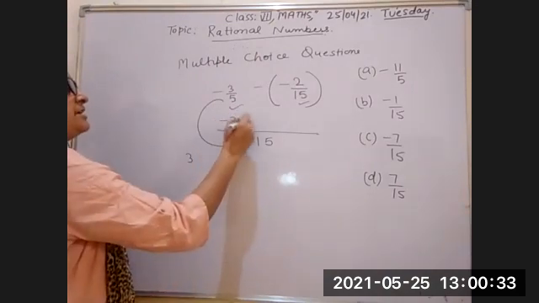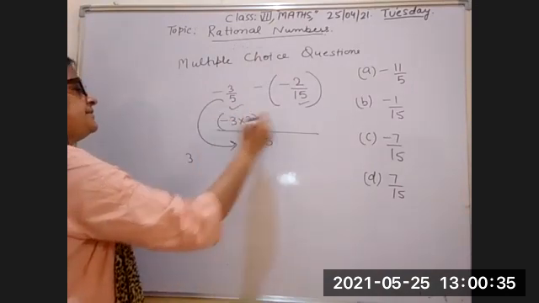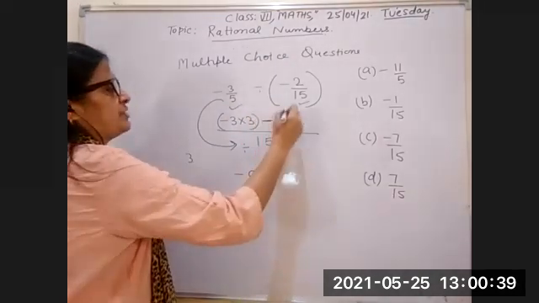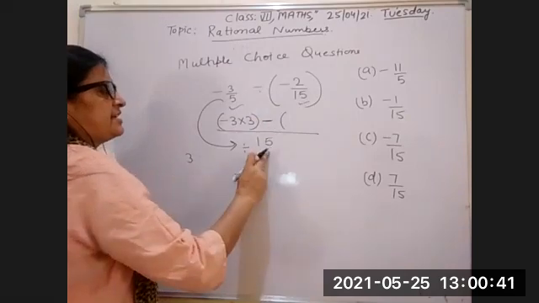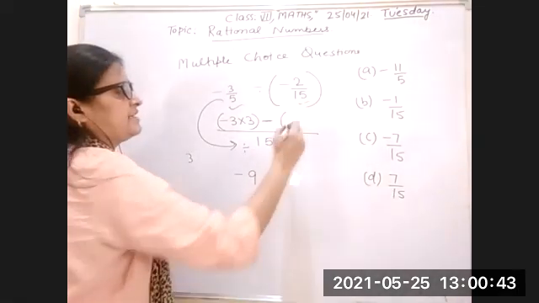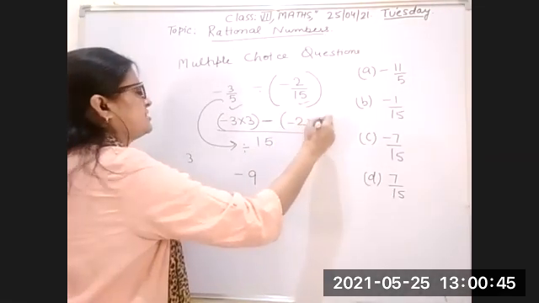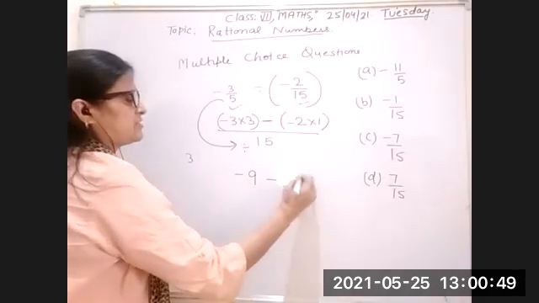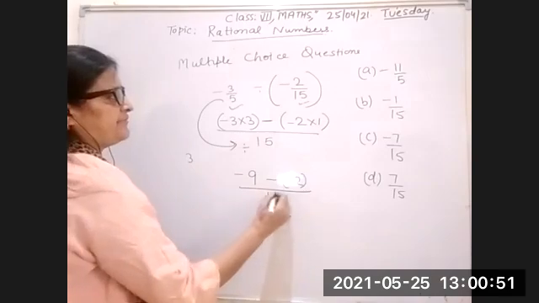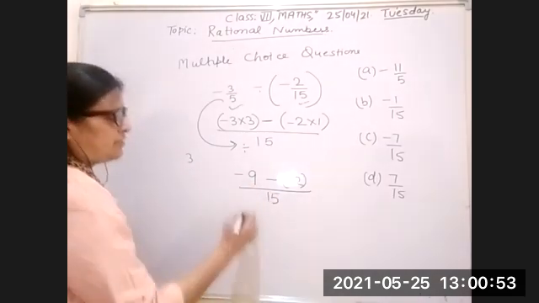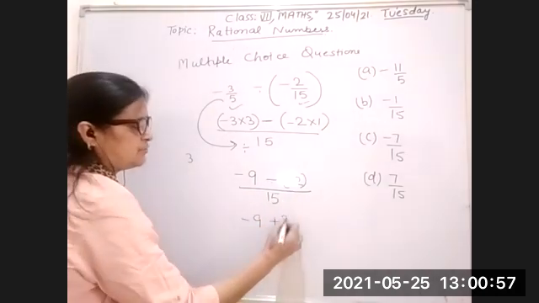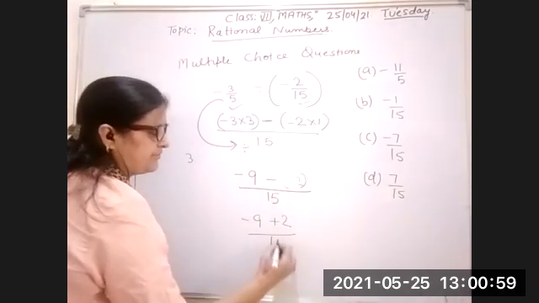When you multiply minus 3 with 3, you will get minus 9 here, and 15 divided by 15, you will get 1 here, and minus 2 is multiplied by the 1. You will get here minus 2. So here 15 is given. So minus 9, minus multiplied by minus, you will get plus 2 upon 15.